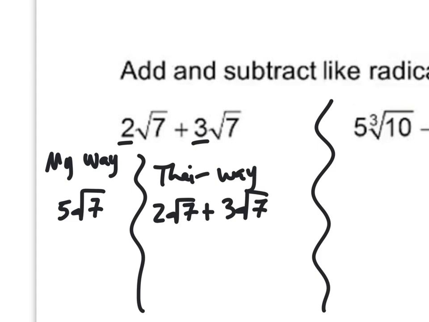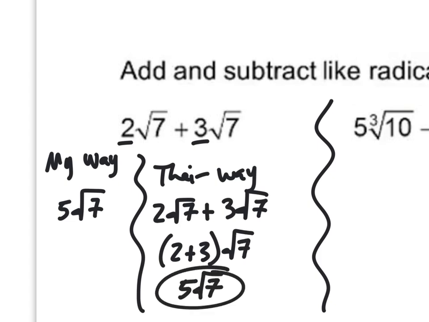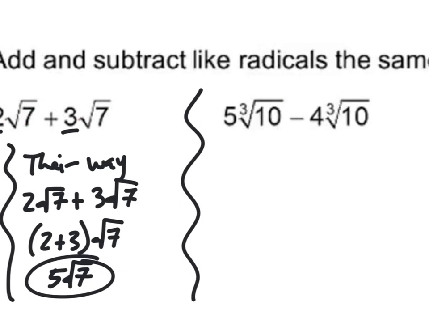You can either put it on the front or the back end. Let's put it on the back end, because I'm going to do 2 plus 3 and then times the square root of 7. That's just going to give me 5 times the square root of 7. There is a mathematical definition for it, but let's be honest, if you've got the same thing, add your numbers, but keep the radical where it is. Let's go ahead and take a look at another one.